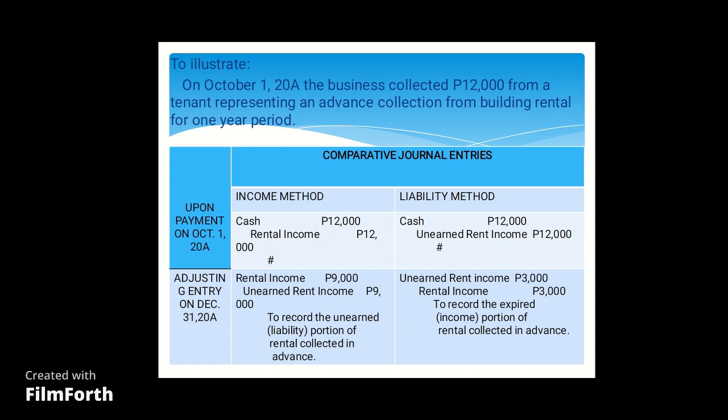And owner's equity is understated because the net income closed to capital is understated. Therefore, in income statement, net income is understated. And in the balance sheet, liability is overstated and owner's equity is understated.